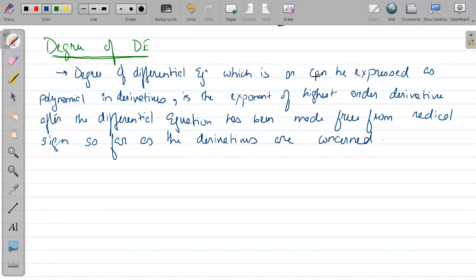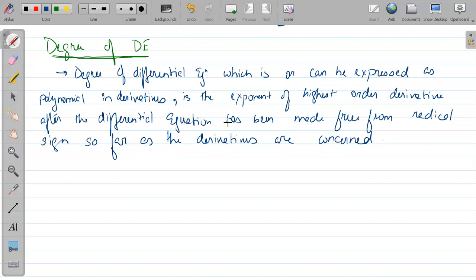But you should make sure that the differential equation is already made free from radical sign. Radical sign means powers like 1 by 3, 1 by 2, 2 by 7, and root over should not be there. There can be some radical exponent over some dependent or independent variable, but there should not be any radical sign over the derivatives.